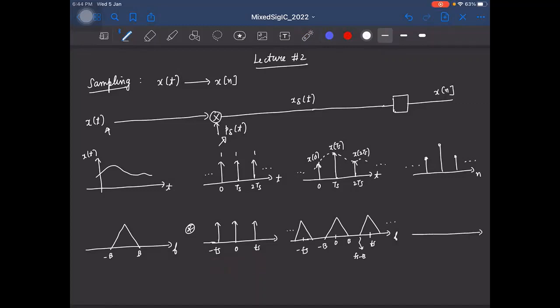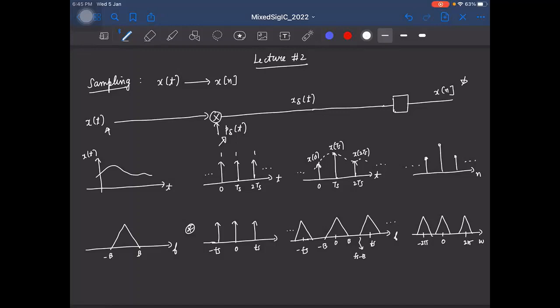Now, if you look at the discrete time Fourier transform of the sequence x of n, the discrete time frequency is omega, and even the discrete time spectrum will have a similar shape, right? Only the frequency axis will get scaled, right? So 0 will remain as 0, fs will become 2 pi, minus fs will become minus 2 pi, and so on.